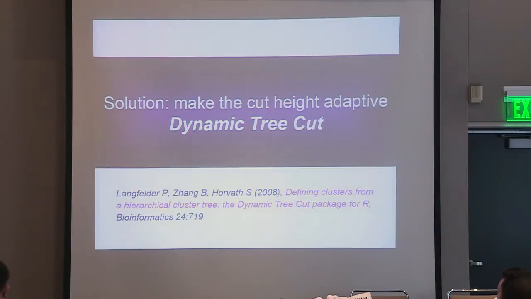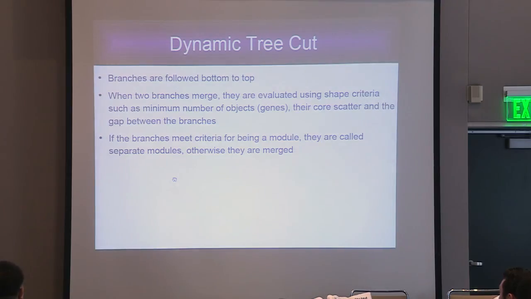So the solution is to make the height cut adaptive, and as I mentioned before, we call it the dynamic tree cut. Here's the reference for it, and I'll show you the reference one more time at the end. So how does it work? The branches are followed from bottom to the top, so it follows the same process that I showed you when I showed you how the hierarchical clustering tree is built up.